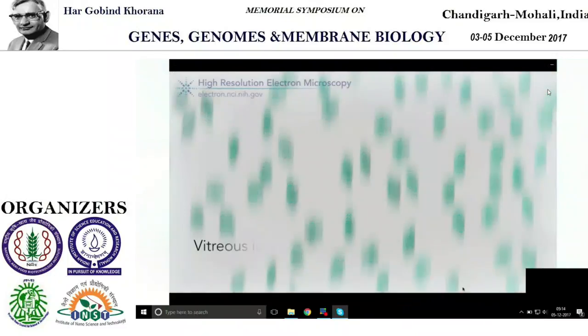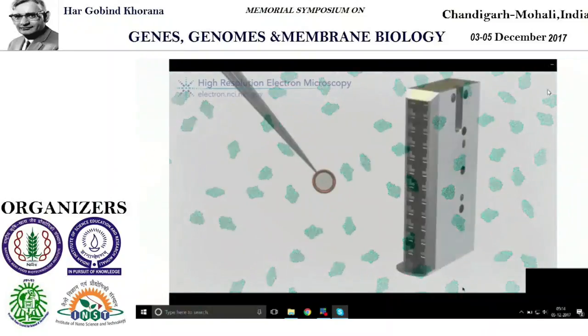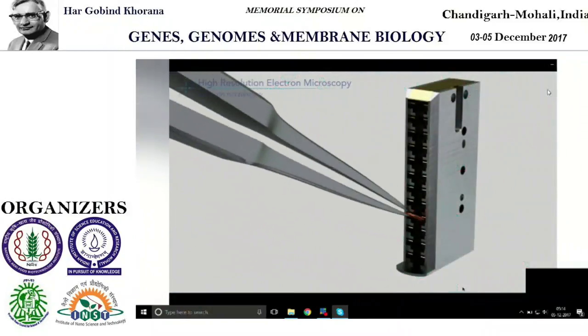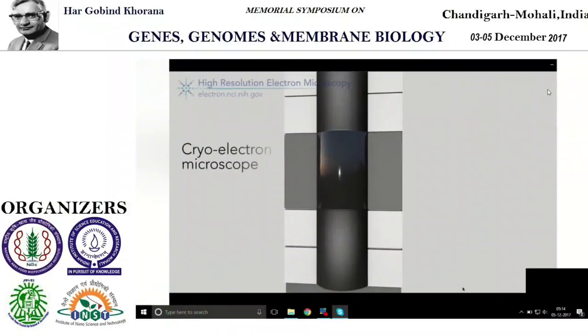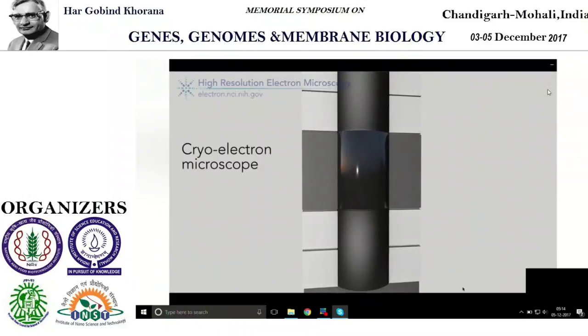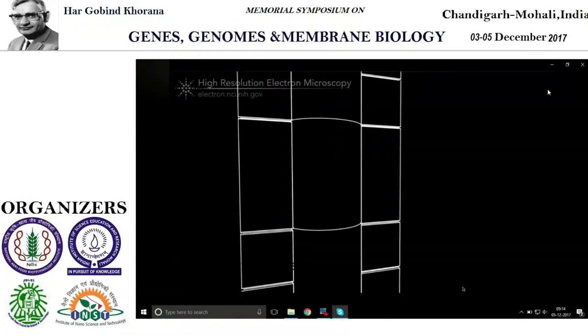At this point, we vitrify the sample, we freeze it in its tracks, and it can then be delivered into the column of an electron microscope via a cassette, which is also cooled to liquid nitrogen temperature. Once it goes into the column of an electron microscope, we can irradiate this with an electron beam and collect images that are essentially projection images of these structures.